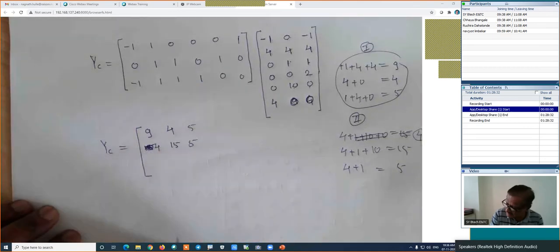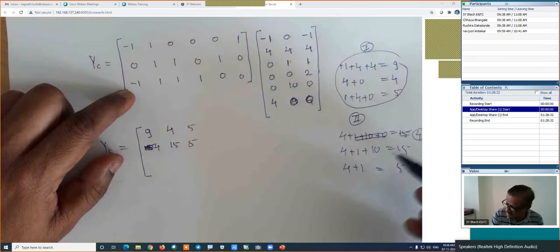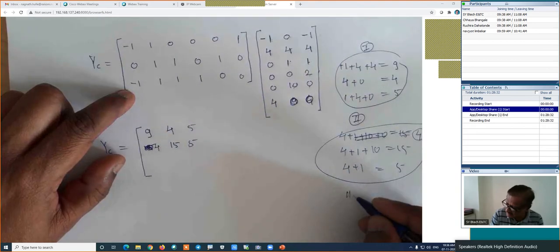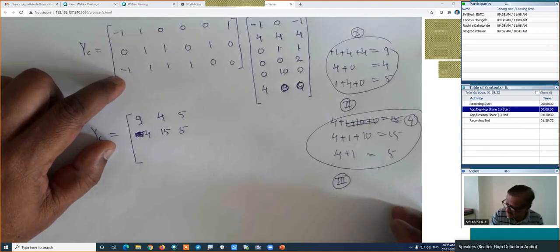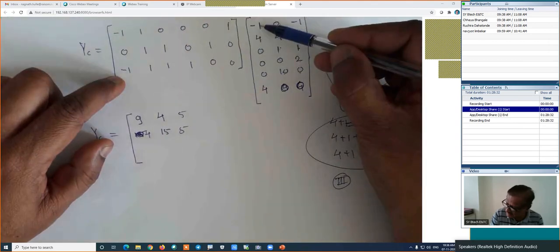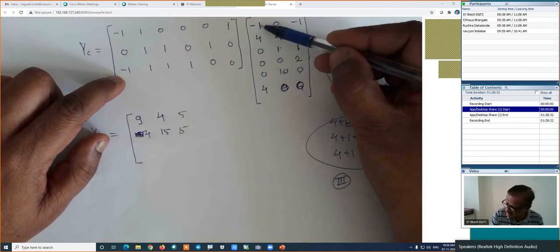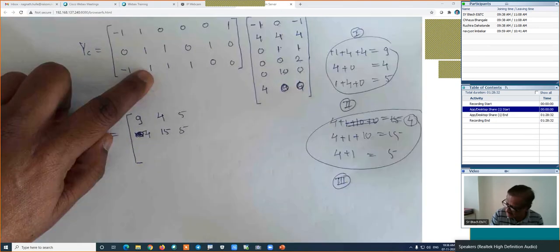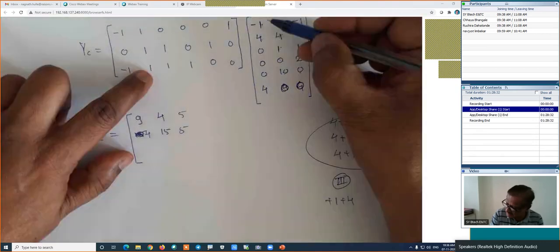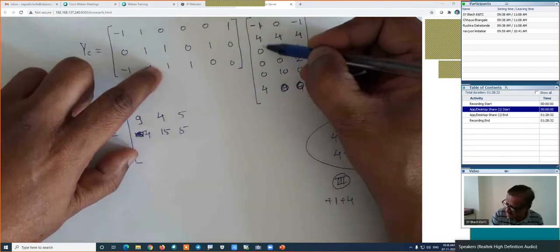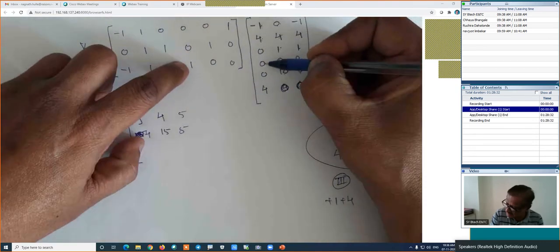And then last row and first column, this is for row number 2. I will do the calculation for row number 3. If I am making a mistake, please remind me. This is -1 into -1 is a +1. Is it right? +4, +1, +4. This is +1, +4. This is 0, this is 0, this is 0, and this is 0.